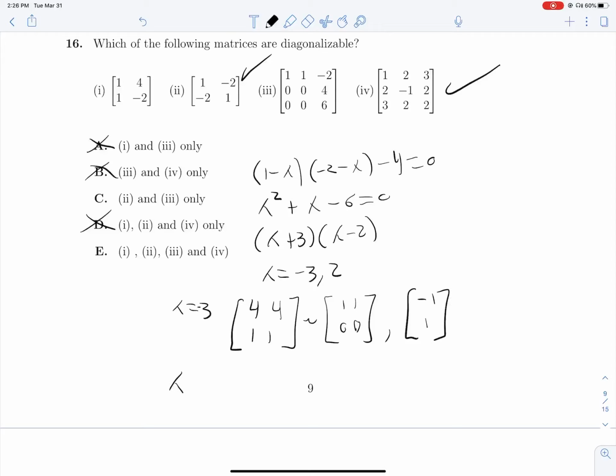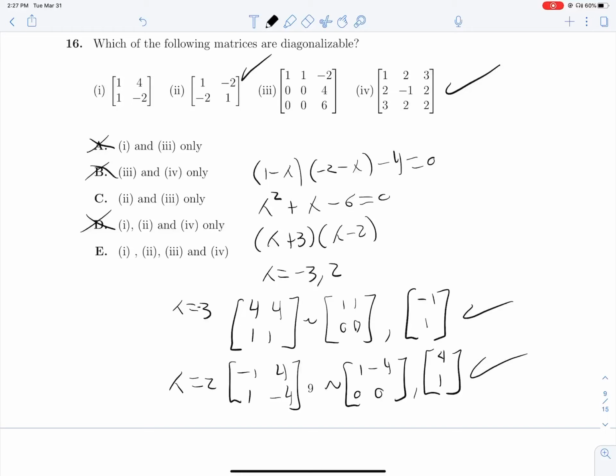And then finally, if lambda is equal to 2, we are going to get -1, 4, 1, -4, which is the same thing as 1, -4, 0, 0. And so our corresponding eigenvector is 4, 1. And because we have 2 distinct eigenvectors, our eigenvectors can span all of R2. Thus, this matrix right here is diagonalizable.